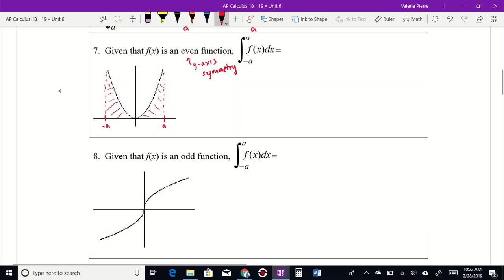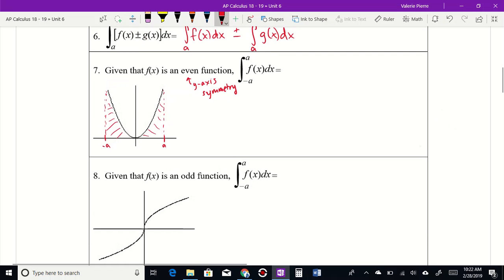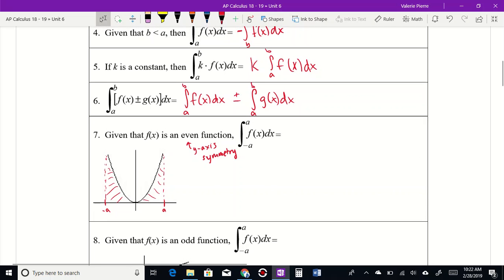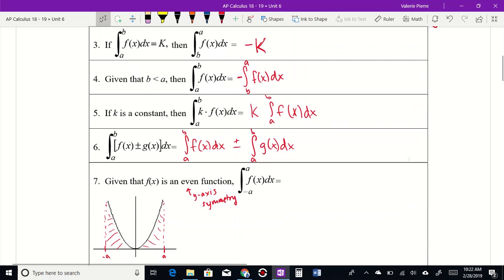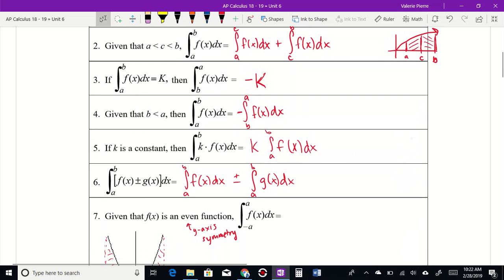So using FTOC, we know that means that we want capital F of a minus capital F of negative a, right? However, we also learned something in this with number 2, also called the transitive property, right? This is just a regular transitive property from Algebra 1 or even prior to that, right?